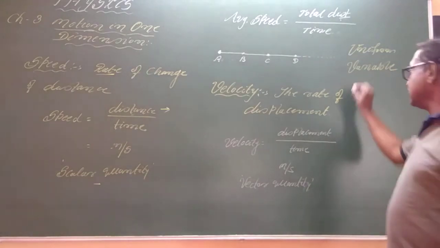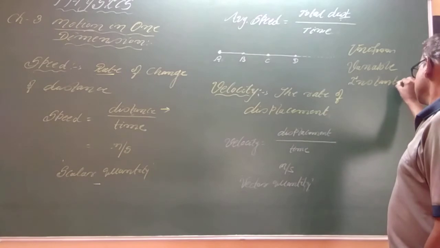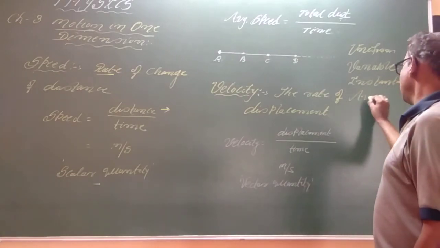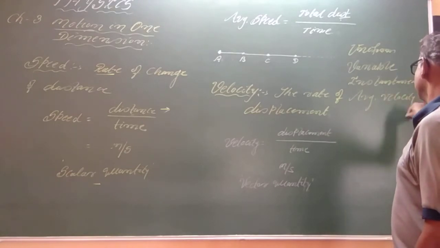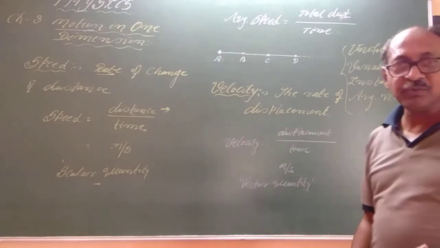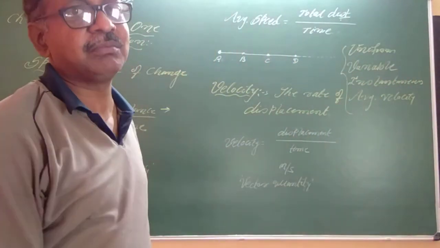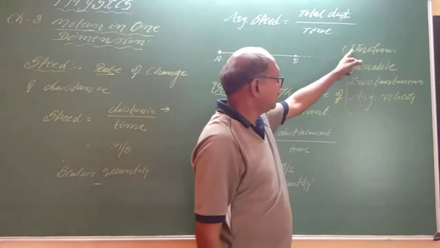Another one is instantaneous velocity. Another one is termed average velocity. A uniform velocity, you already know, is equal distance travelled in an equal interval of time in a particular direction.